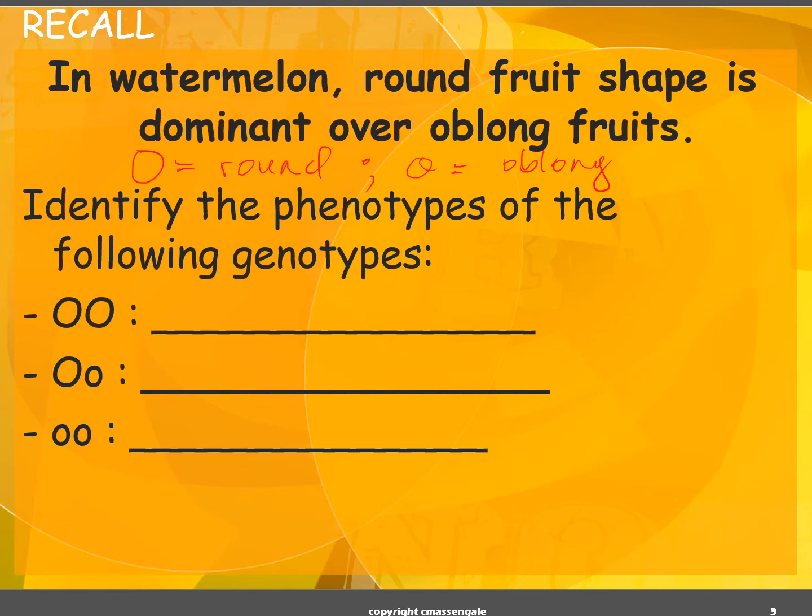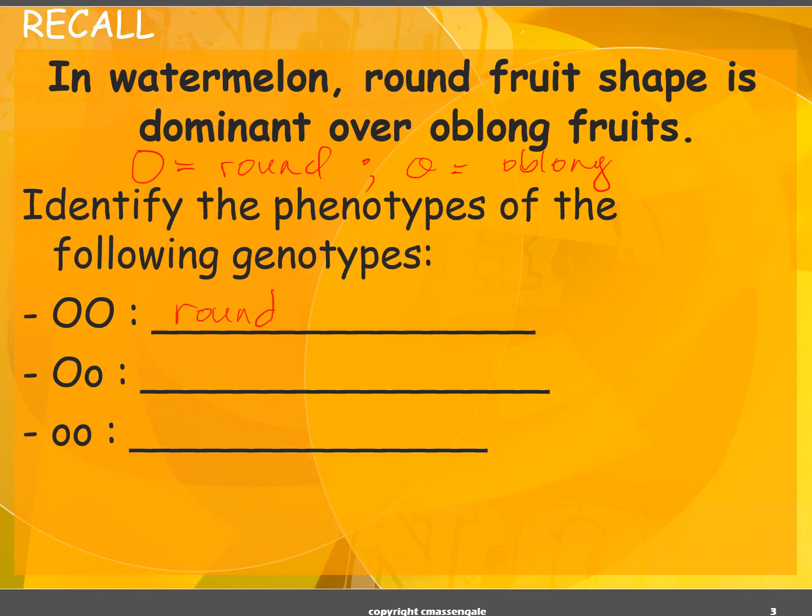You need to write down the phenotypes, or the physical characteristics, of the genotypes given. The first genotype that we have is capital O, capital O. This is homozygous dominant or homozygous round. As said a while ago, the phenotype for this one is round.